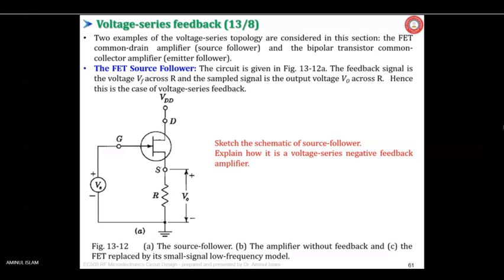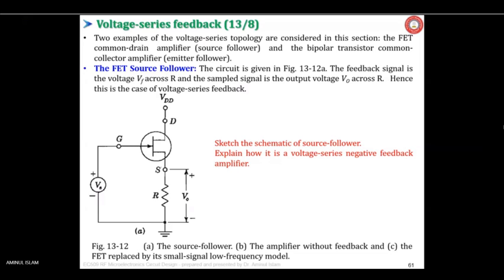How it is negative feedback, that you tell. And how it is voltage series. If you can understand, then only we'll go ahead. Go ahead. How is it negative feedback?